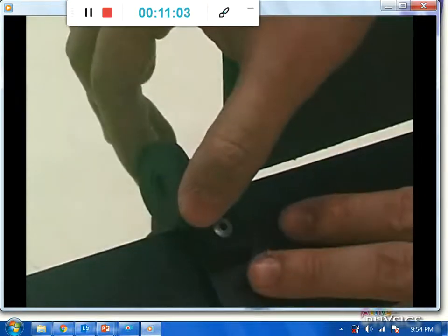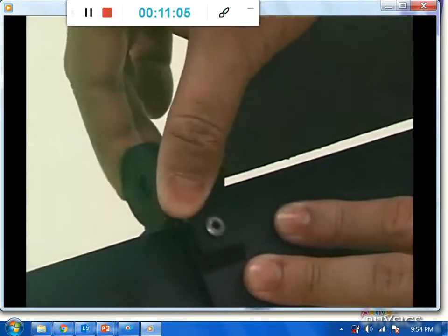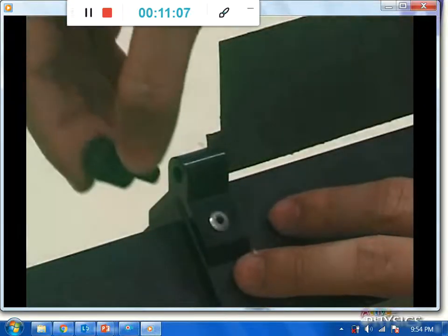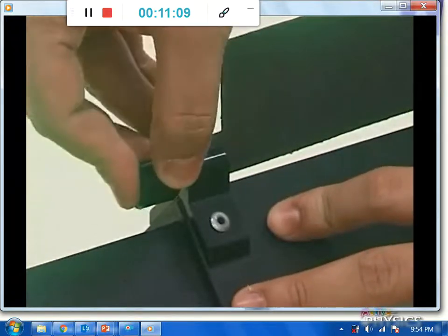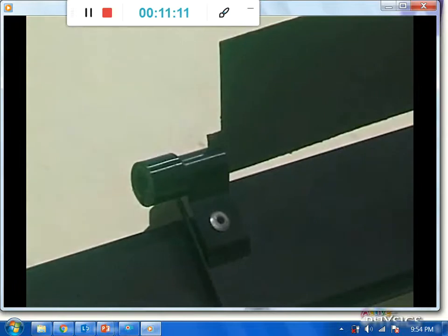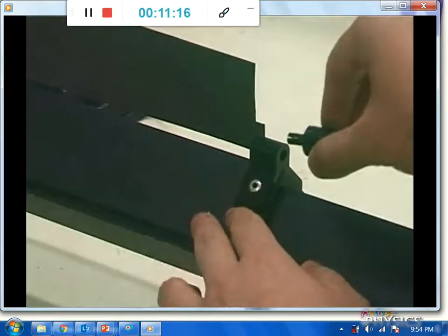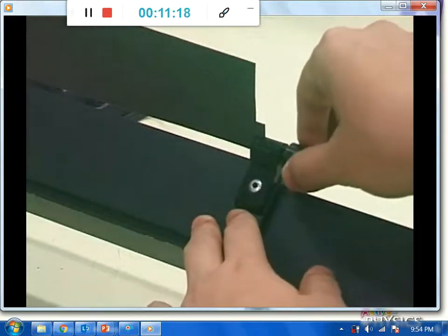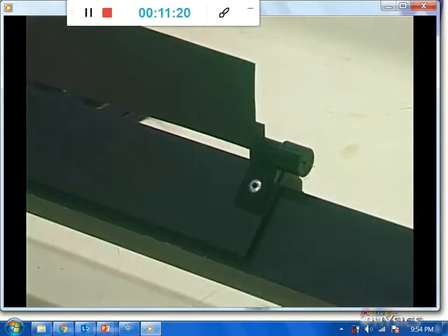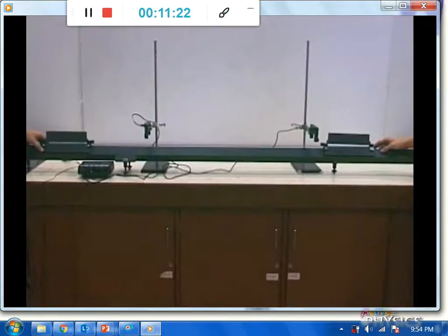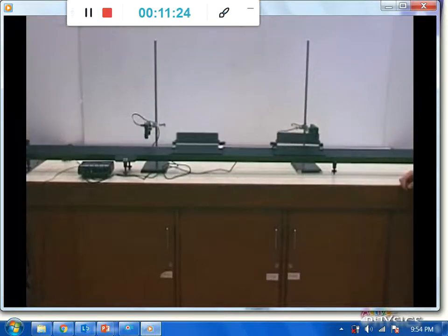Now replace the magnets on the riders with rubber cushions. One of the cushions has a pin attached, such that the riders stick and move together after collision. Make the riders collide with various initial velocities.